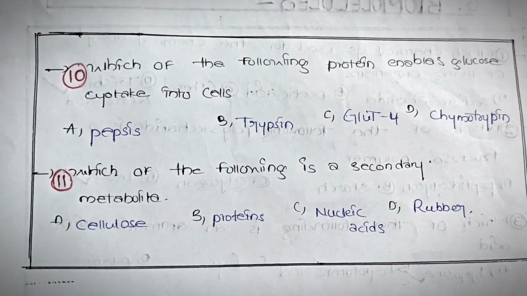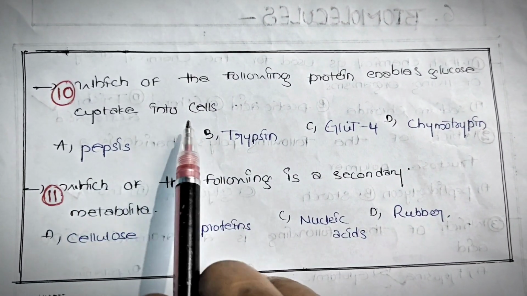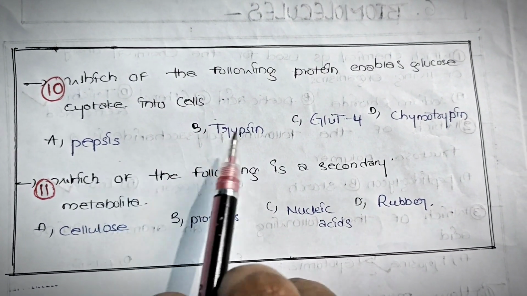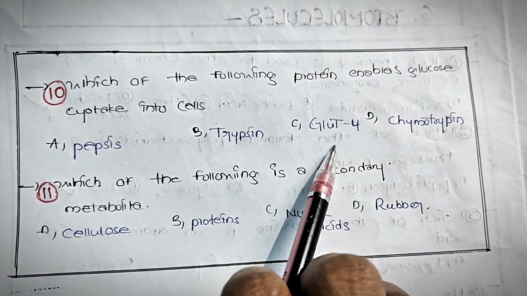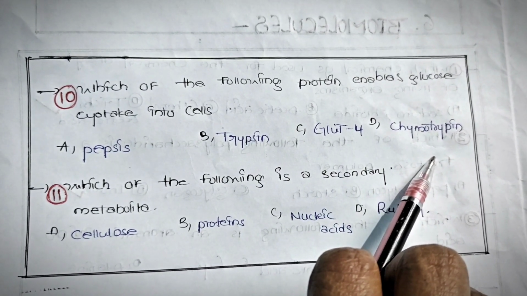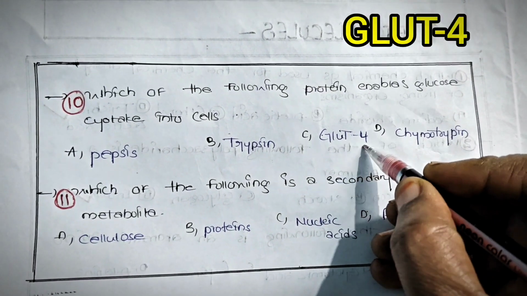Which of the following proteins enables glucose uptake into the cells? Options are pepsin, trypsin, GLUT4, chymotrypsin. For this, the correct answer is GLUT4.